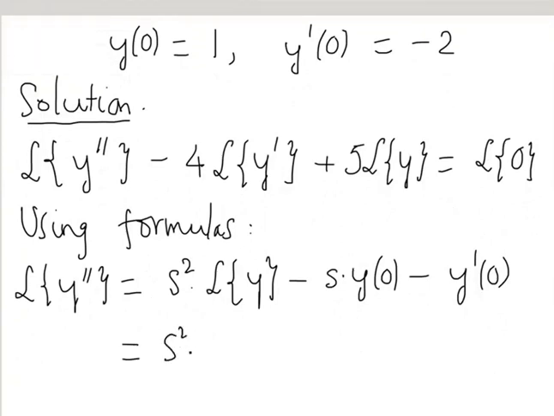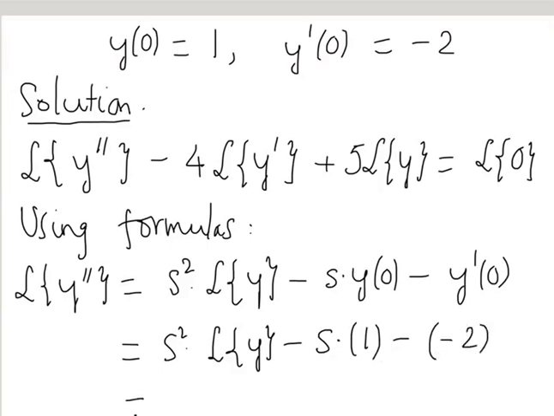And we get s squared Laplace transform of y minus s, and y(0) is 1. y prime (0) is negative 2. So we get s squared Laplace transform of y minus s plus 2.